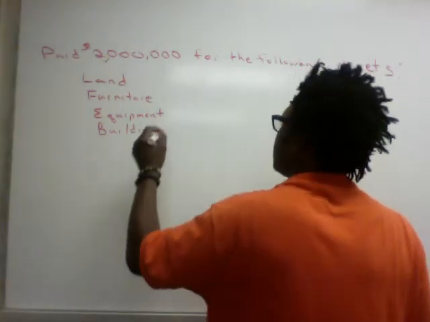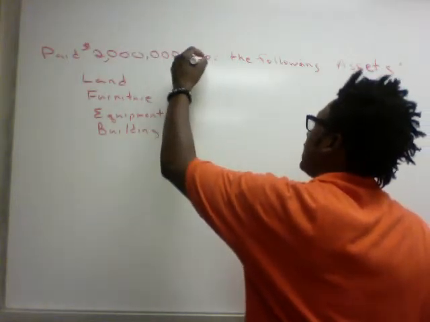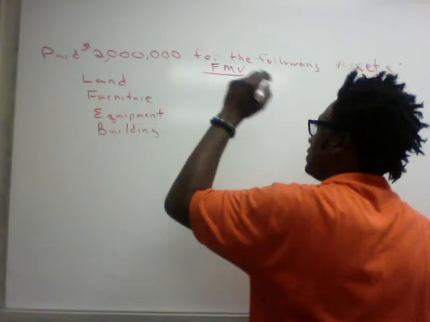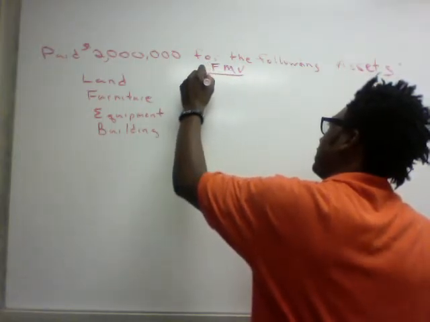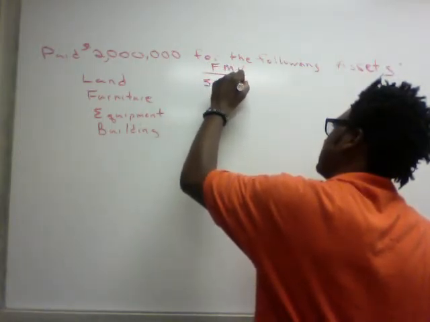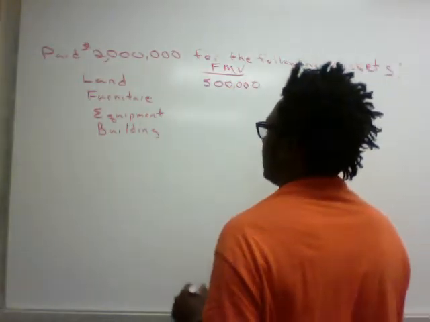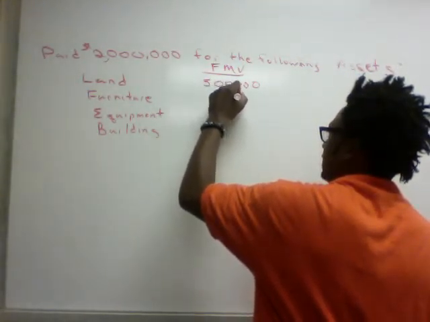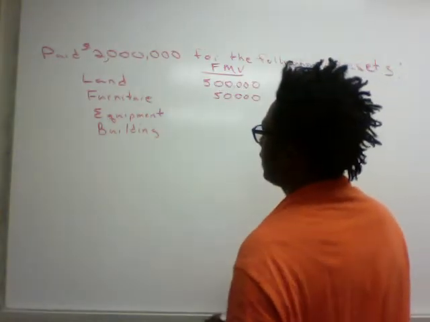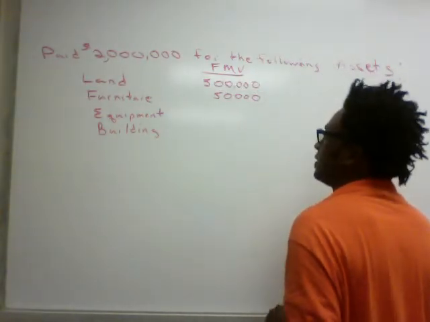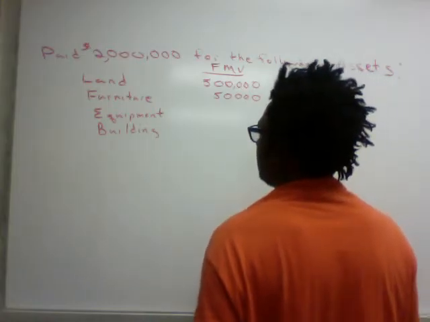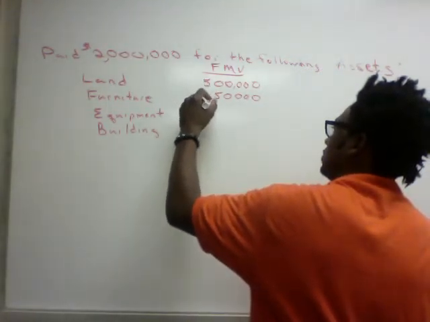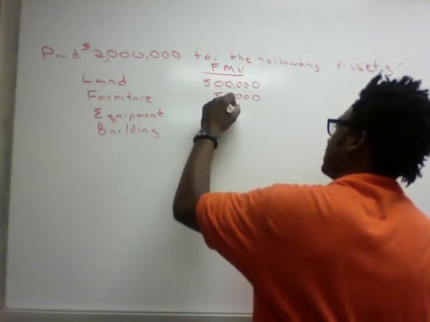Okay? And so let's assume the fair market value of land is $500,000. The fair market value of furniture is $50,000. The fair market value of the equipment is, let's say, $800,000.